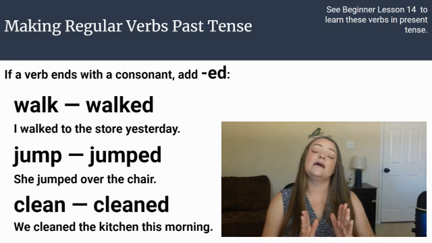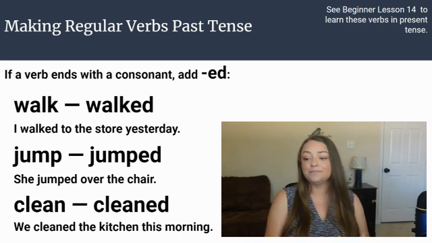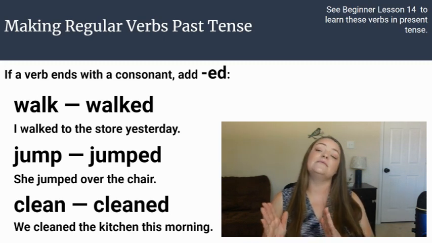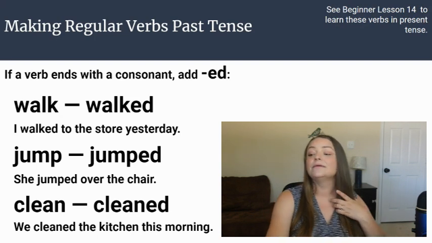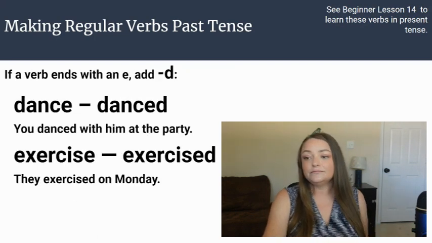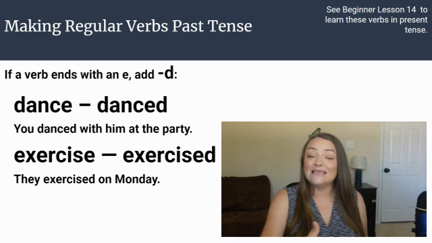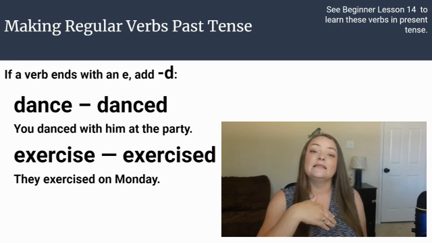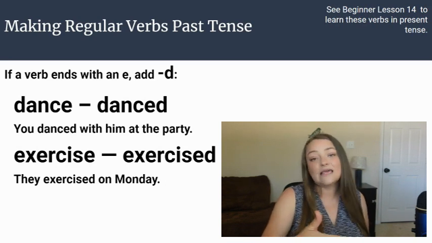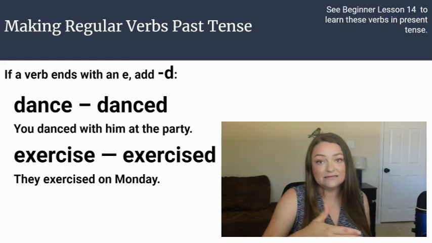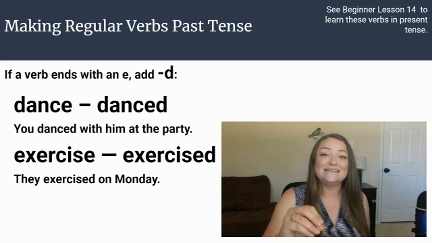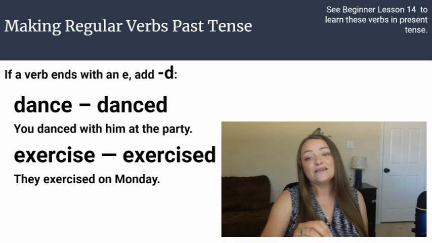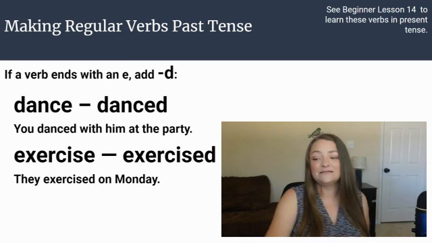Jump becomes jumped. Clean becomes cleaned. If a verb ends with an E already, like dance, all you do is add a D. Dance, danced. Exercise, exercised.